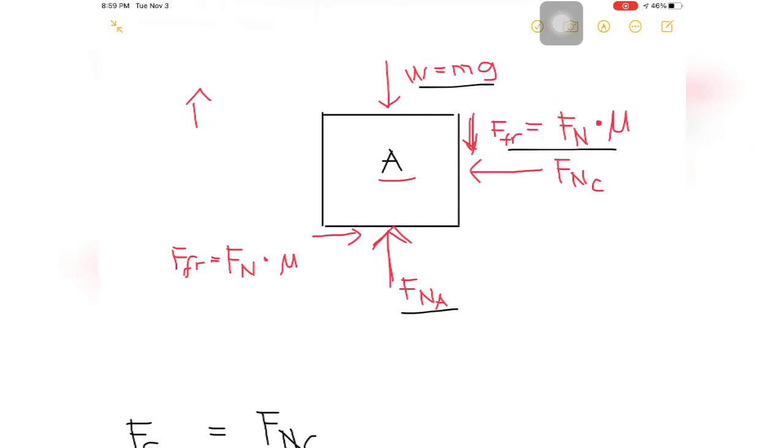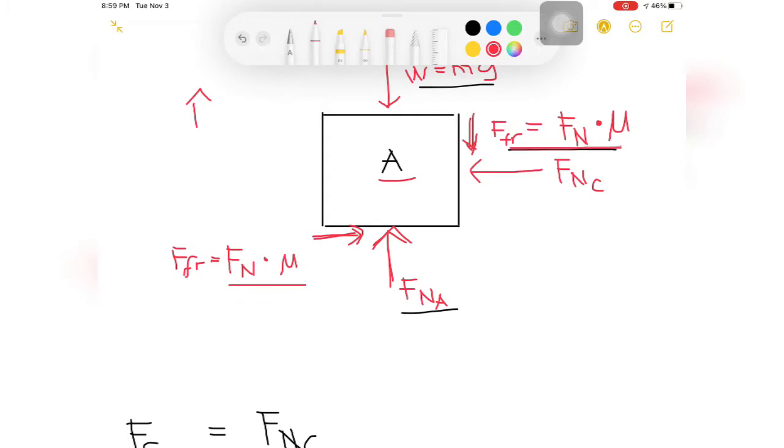Thus, the friction force at A, which is the normal force at A multiplied by mu, is double the normal force here at C, which causes the friction force in here.